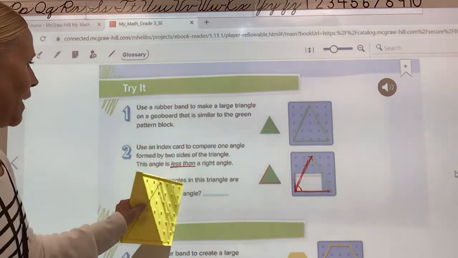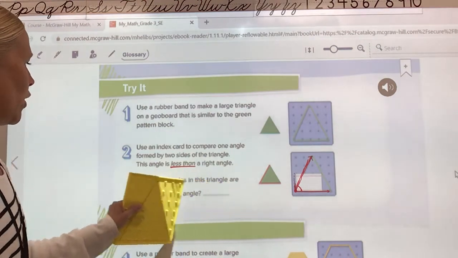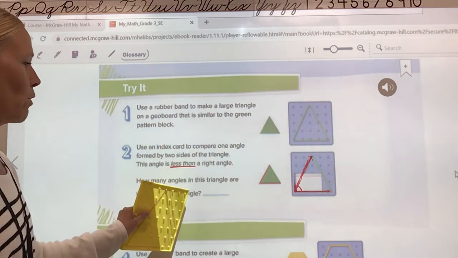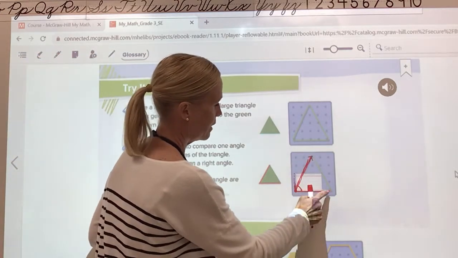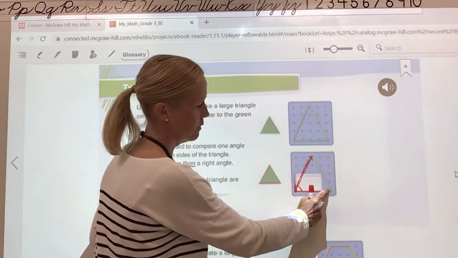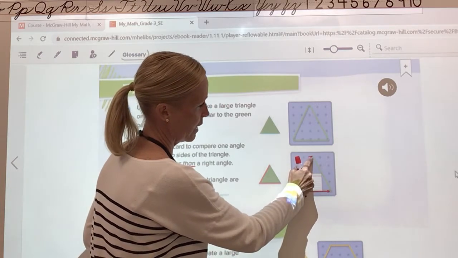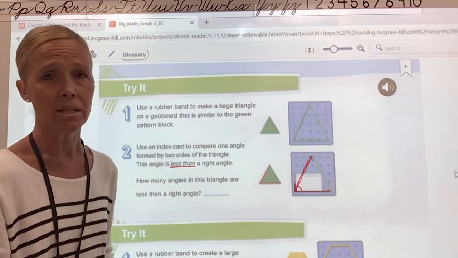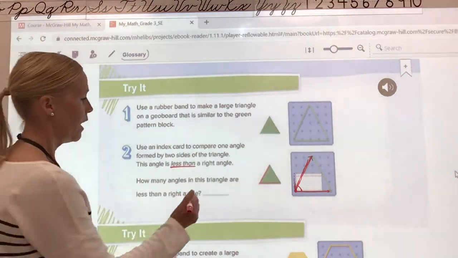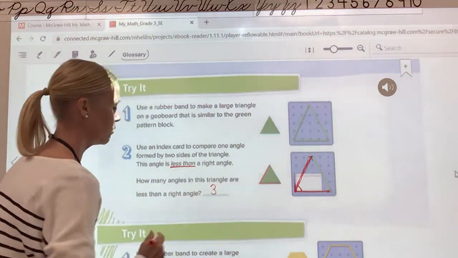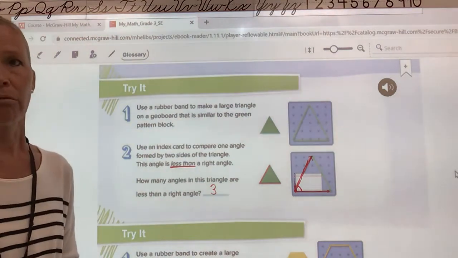It says how many angles in this triangle are less than a right angle? Well, I can look at this and I can see this isn't a right angle. It's smaller. And this angle is not a right angle. It's smaller too. So in this particular triangle right here, I have 3 angles that are less than a right angle.